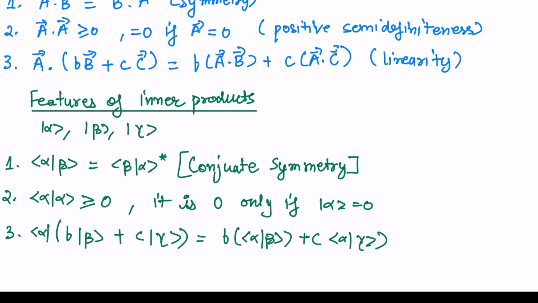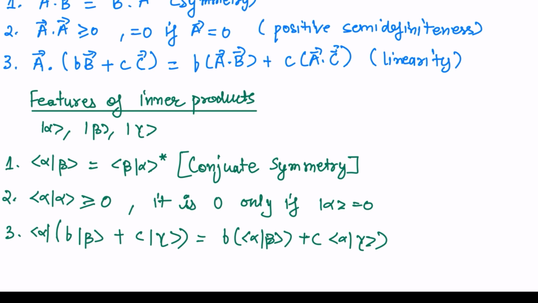We are not defining any kind of rule for how to take the inner product, but the way it's represented is like this. This is the inner product, but I haven't defined the rules for how to take it. Just to be sure, these are the properties that your inner product should satisfy.